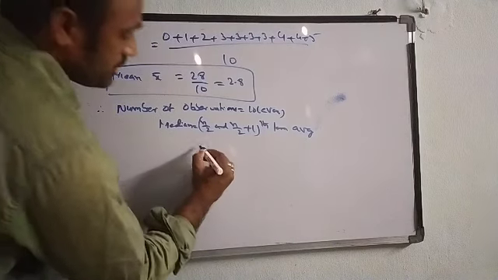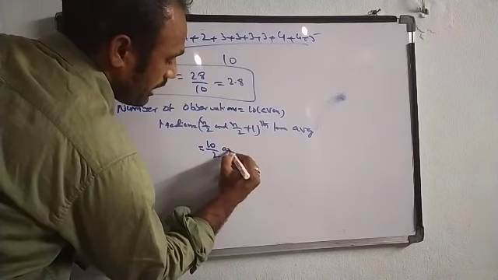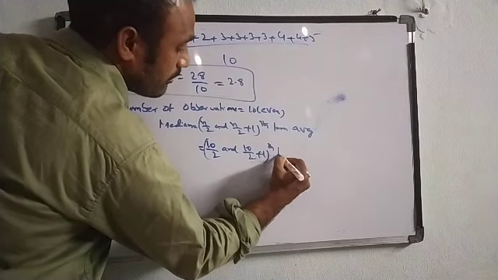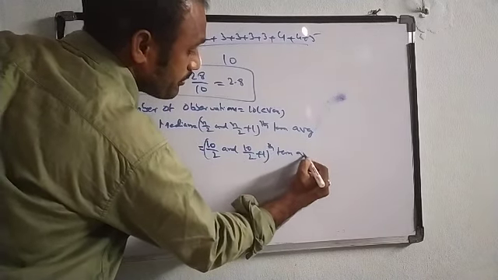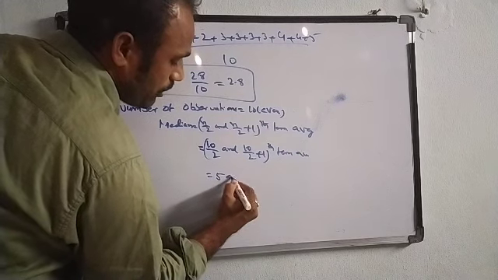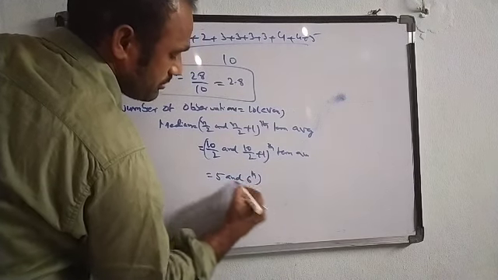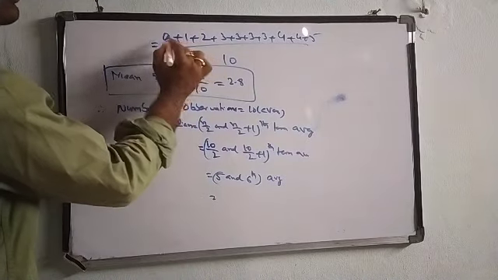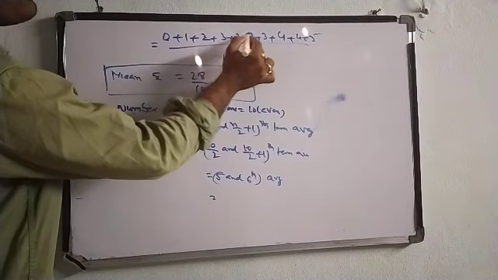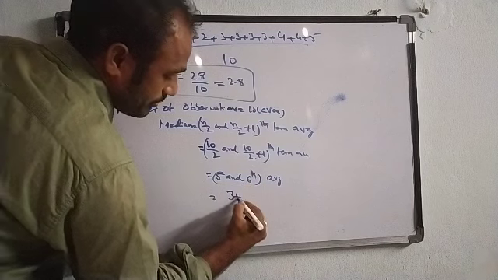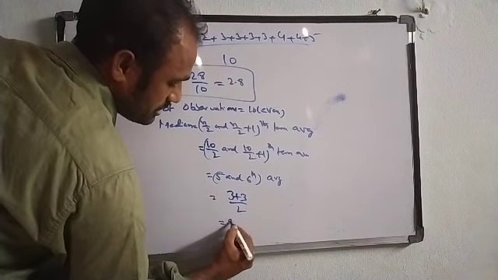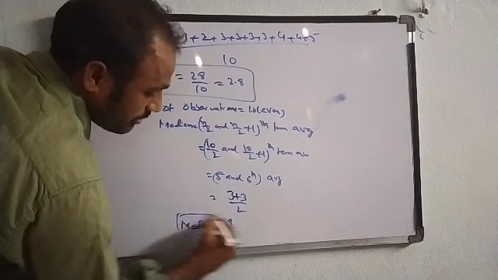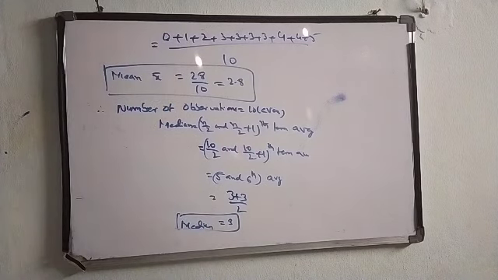Here n is 10, so 10 by 2 and 10 by 2 plus 1th term average. That is the 5th and 6th term average. The 5th and 6th terms are 3 and 3, so 3 plus 3 divided by 2, that is 3. So the median answer is 3.